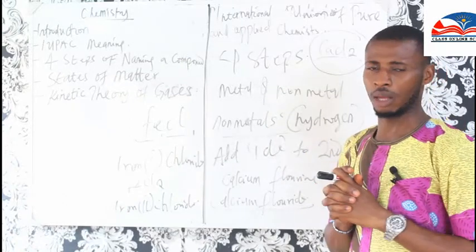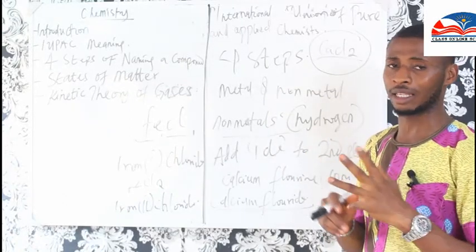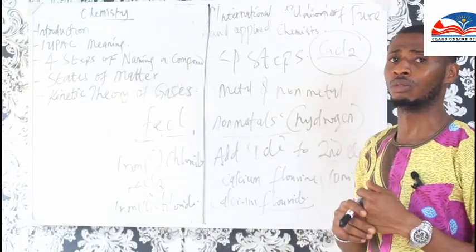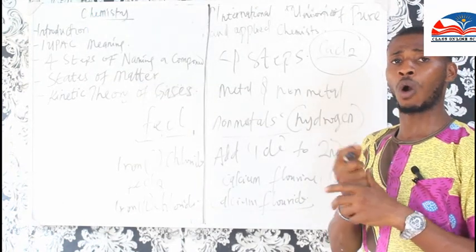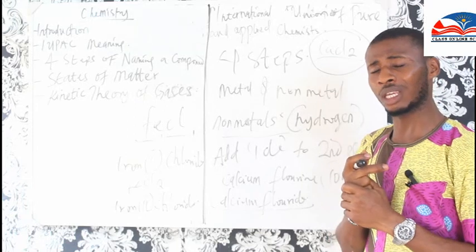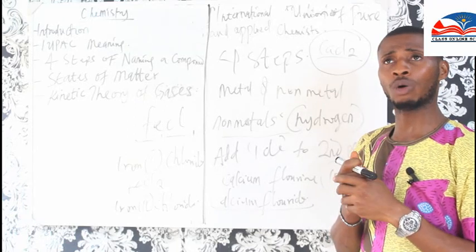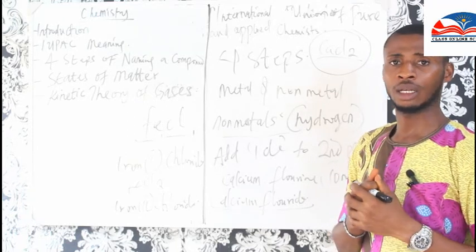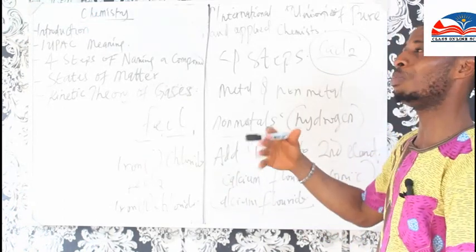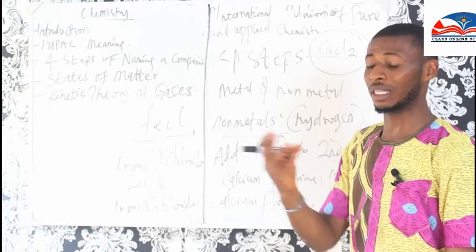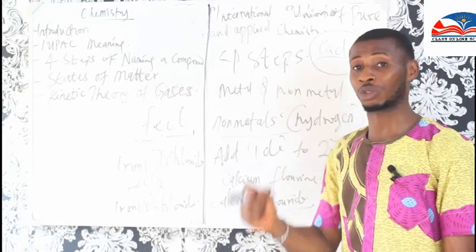Note the transition elements. Remember, I told you the transition elements are scandium, vanadium, titanium, chromium, and so on. We have copper, zinc, cobalt, lead, and iron. They are almost 30: first transition element, second transition element, third transition element.